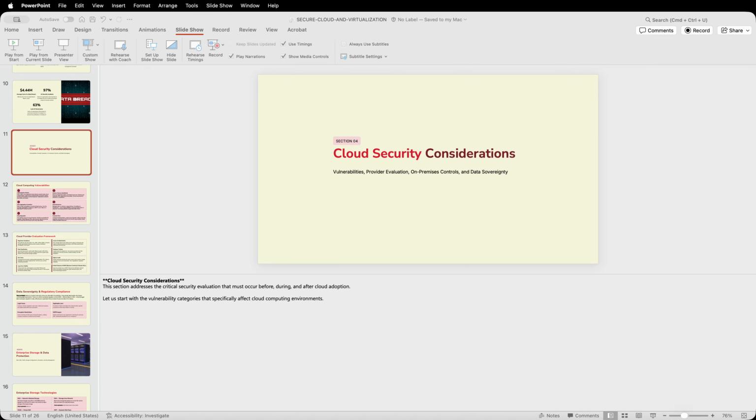Now, the virtual SAN here introduces logical isolation within a physical SAN fabric. From here, instead of physical, we'll talk about the virtual one. This enables multiple independent storage networks to coexist on a shared physical infrastructure.